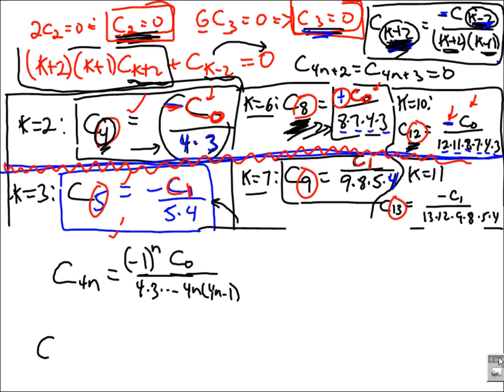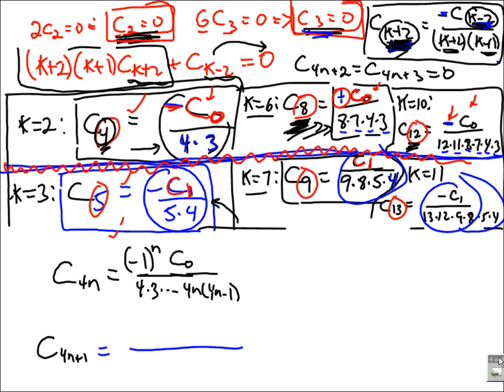Now what happens when the subscript is one more than a multiple of 4? So what we want to look at are these terms, C5, C9, C sub 13. Now, ignoring the fact that the C1 on top is oscillating, we always have C1 on top.